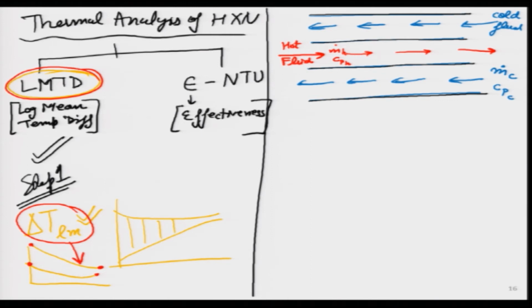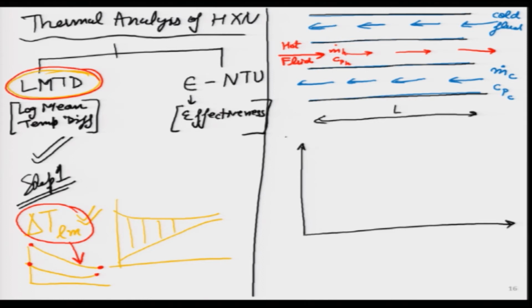Okay. And for this particular length, let us say this is the length L. Let me draw a typical diagram. This is the temperature profile that we are going to look at. Some values I will pick randomly. Let us say it goes from 90 to 50 degrees like this.